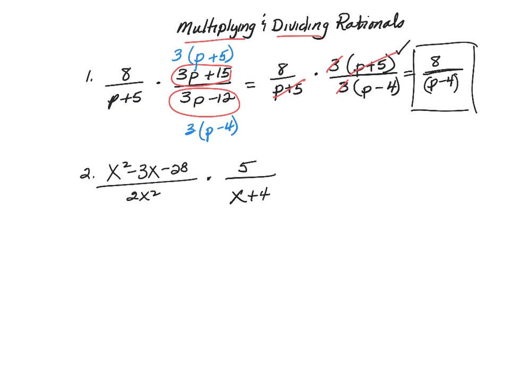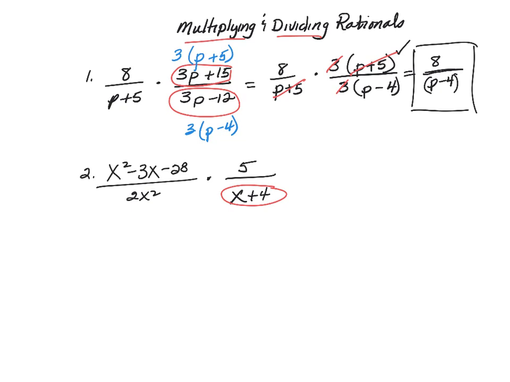Now, just to give you a hint, when you see a denominator like this, most likely there is a numerator that has a factor of whatever this is. That's just a hint.